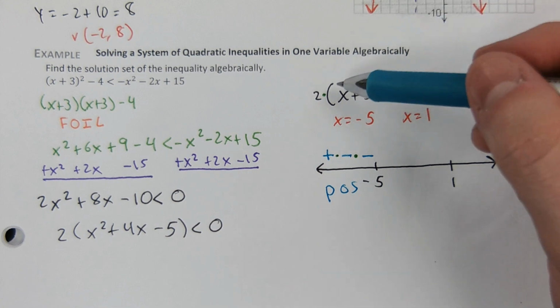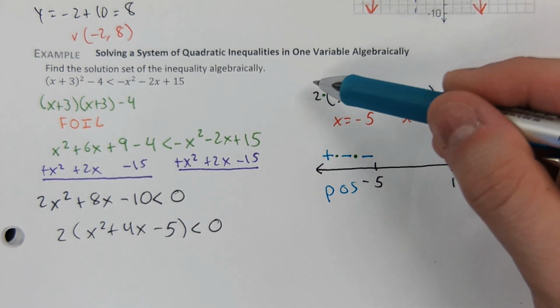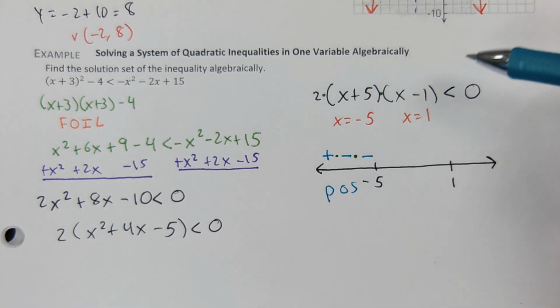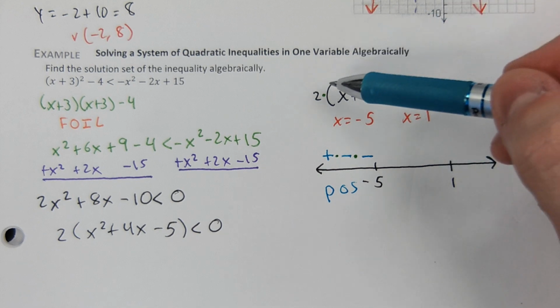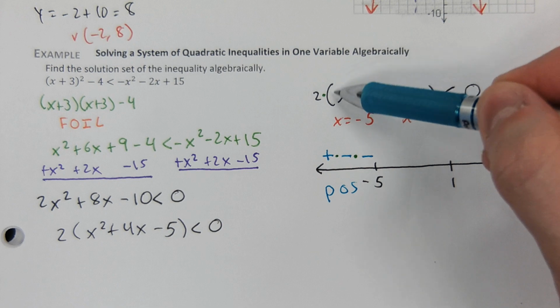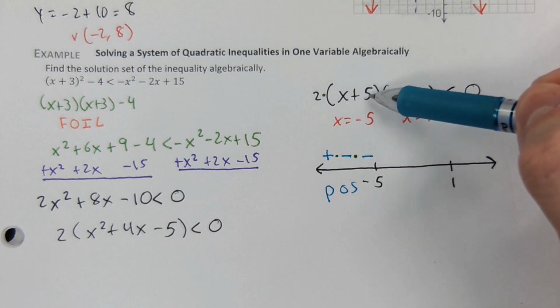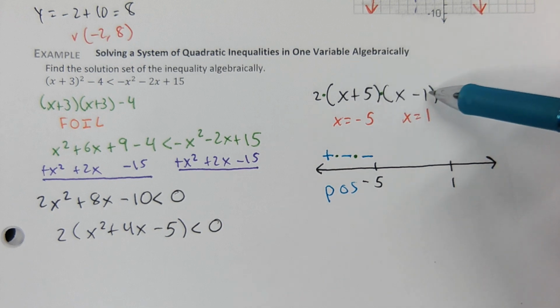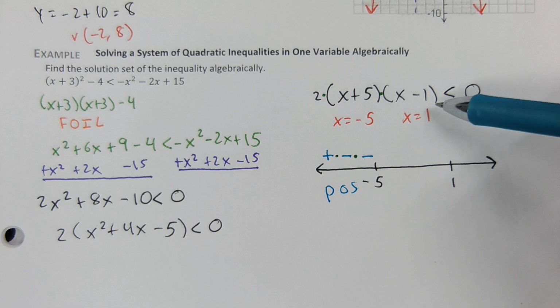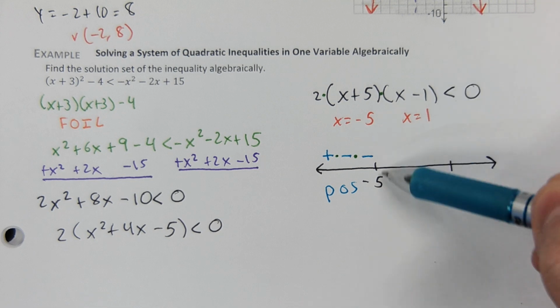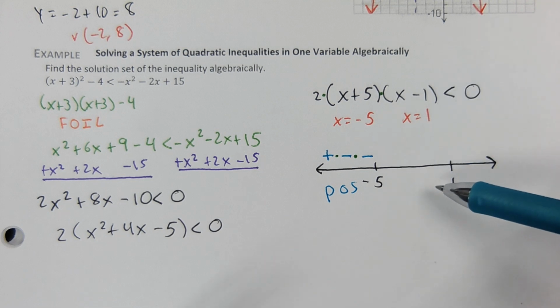I'm showing the symbols that you'd get in these three zones when you plug in an x. So if you plug in -7, this one's symbol is positive, this one's symbol is negative because -7 plus 5 is negative, and this one's symbol is negative because -7 minus 1 is negative. Now, in this zone, I could plug in any test number. 0 is a friend.